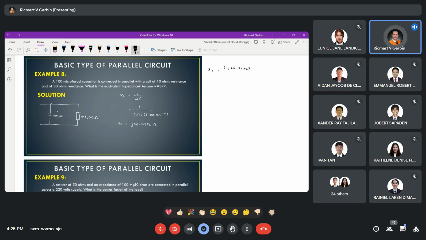Please don't forget to include the negative sign since capacitive reactance yung pinag-uusapan natin. Kasama po yung sign. Multiplied by 10 plus J 30 all over negative J 26.5252 plus 10 plus J 30.